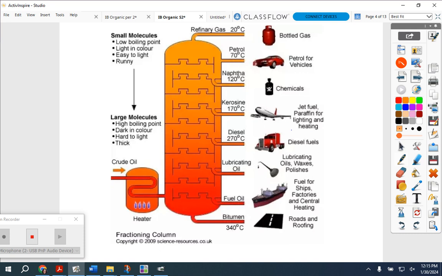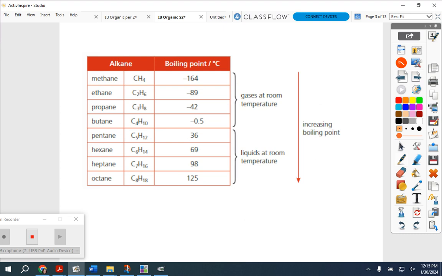So you get your propane and other bottled gases at the top. And then as the boiling point changes, you end up with denser and denser substances that get used for different things. We'll come back to this question of boiling point a little bit later, but that's the basics of a homologous series.